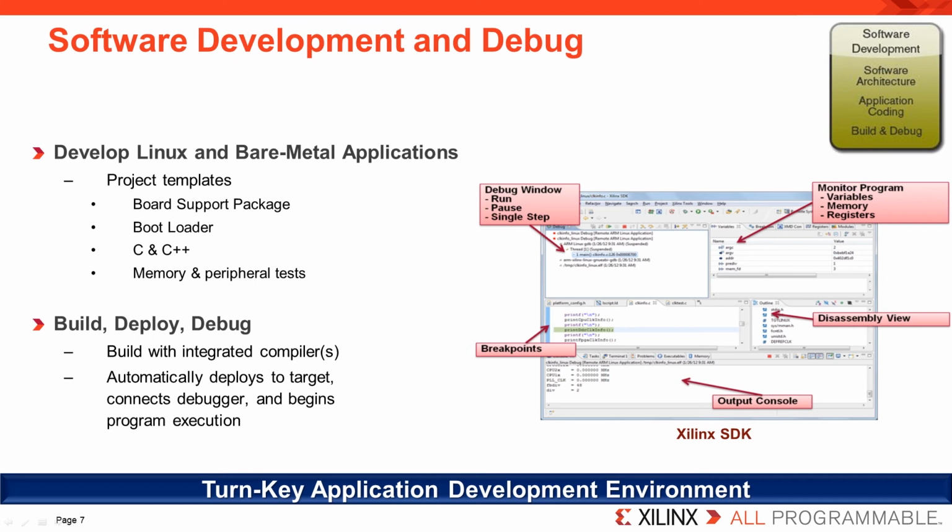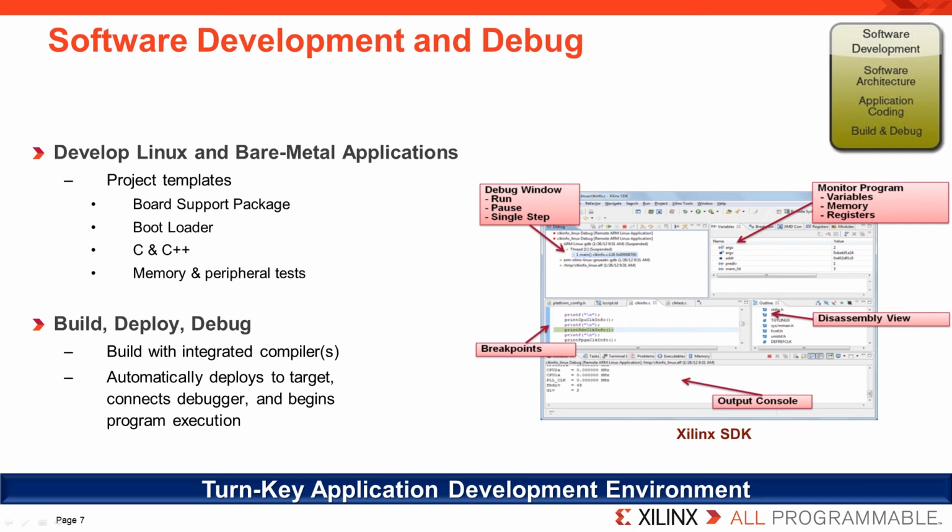The Zynq device includes a powerful dual-core ARM Cortex-A9 processor and a range of integrated peripherals. Xilinx SDK is a software development environment based on the industry-standard Eclipse framework. It includes Xilinx-specific extensions for integration within the Xilinx tools flow, with specific emphasis on development of both bare metal and Linux applications.